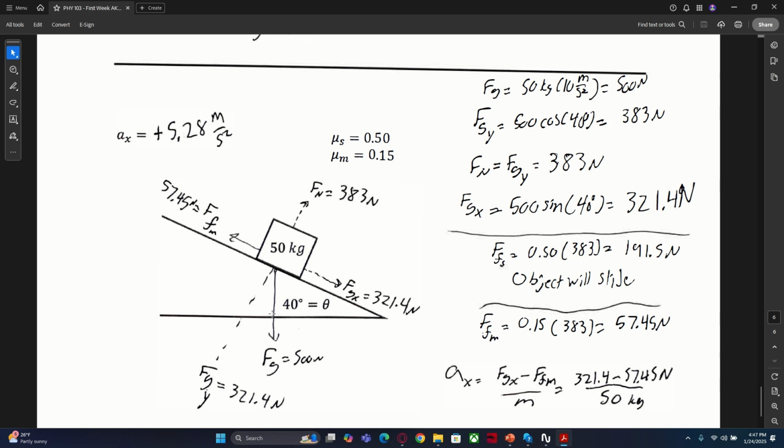Now, for these sloped problems, unlike when we were on horizontal surfaces and the force of gravity was perfectly balancing the normal force, that's not the case. In this case, we have our modified y component of gravity that is actually pushing into the surface.